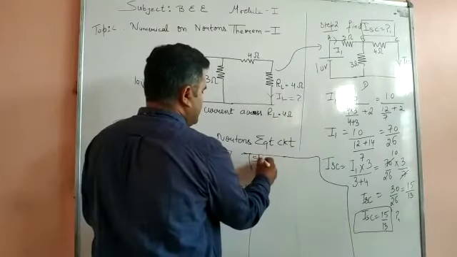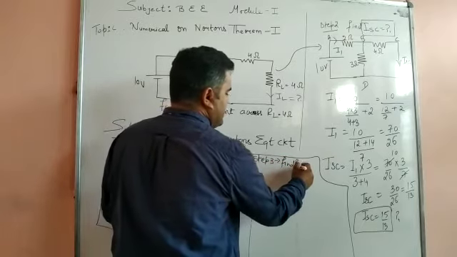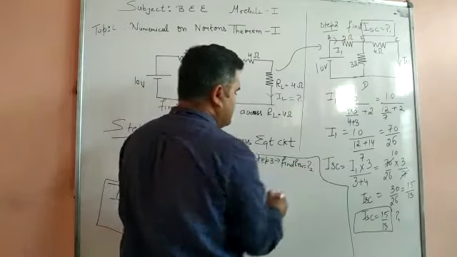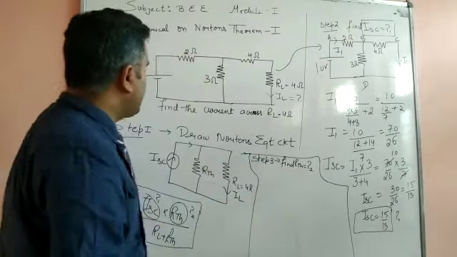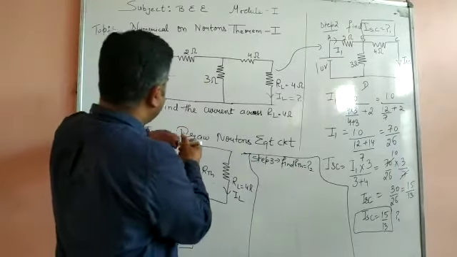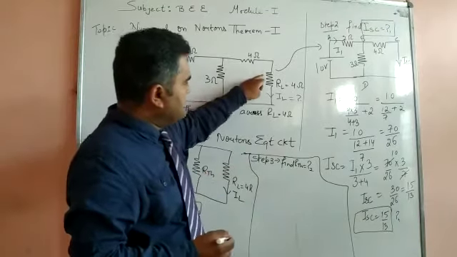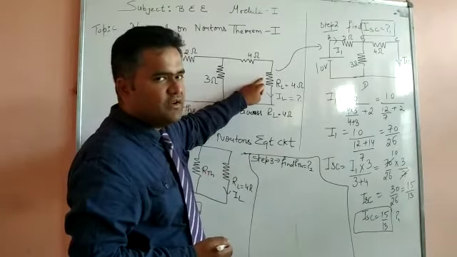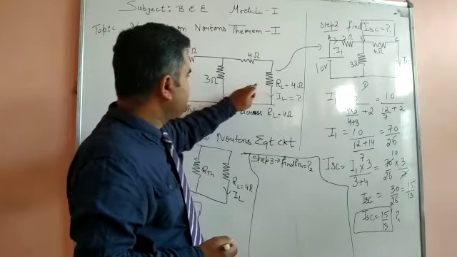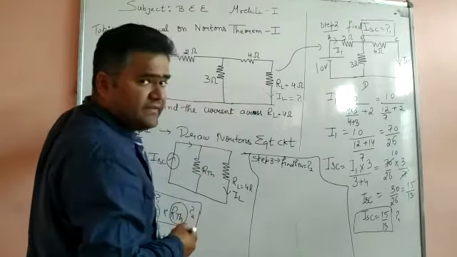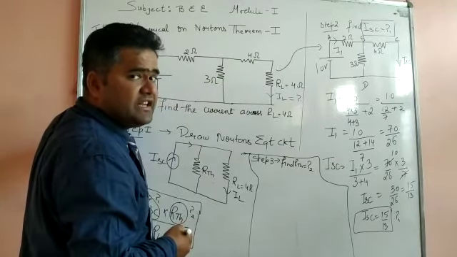Now step number 3, find RTH, that is question mark number 2. Now how to find RTH? In the given circuit, again in this circuit, you have to find the internal resistance of the given circuit across RL. Across RL, you will short circuit if there is any voltage source, and you will open circuit if there is any current source.